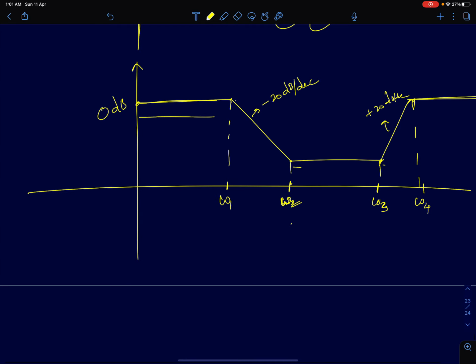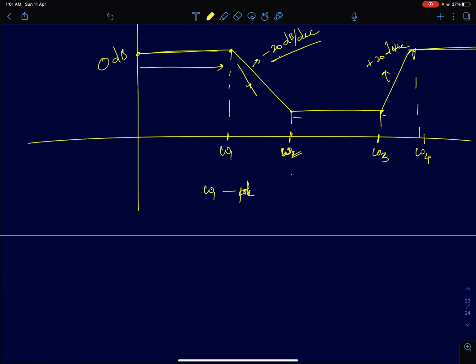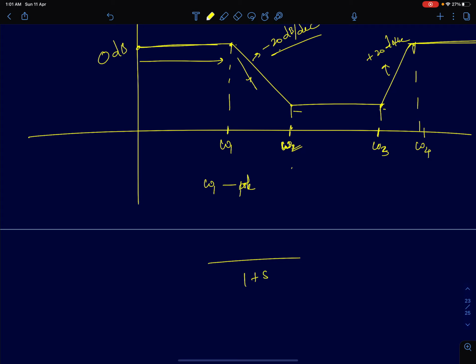As you keep moving here, you first encounter a frequency after which the gain starts reducing at the slope of minus 20 decibels per decade. So instantly you know ω1 is a pole. So it's decreasing, and the transfer function will be something of this form, 1 + s/ω1. So there is one pole here.